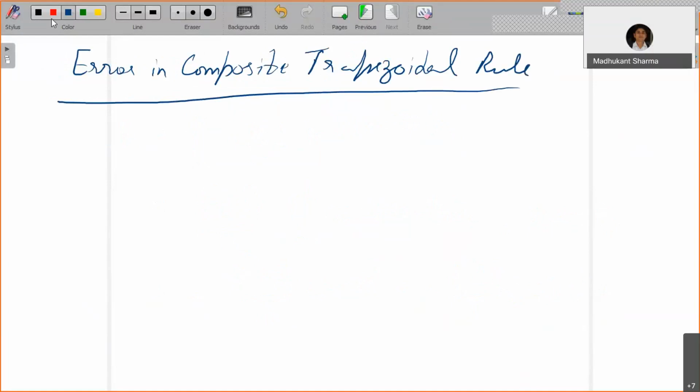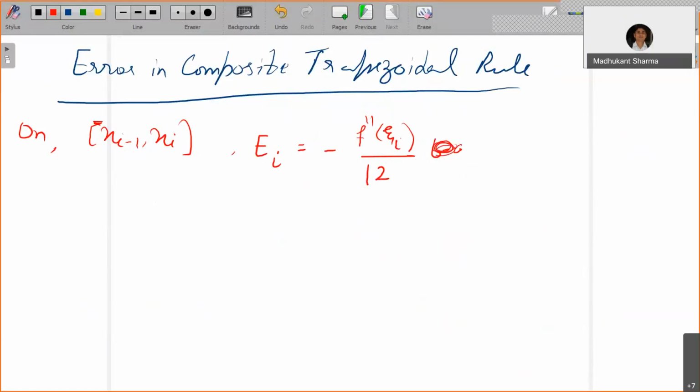So if you talk about the interval x(i minus 1) to x(i), on x(i minus 1) to x(i), you call this e_i, that is going to be minus f second derivative at z_i, depending on this i-th interval, divided by 12 times (x_i minus x(i minus 1)) whole cube.